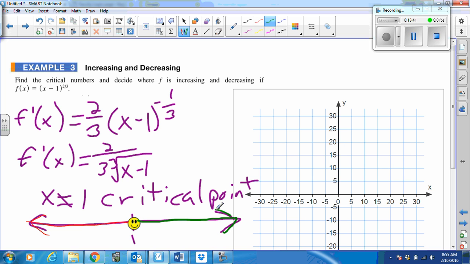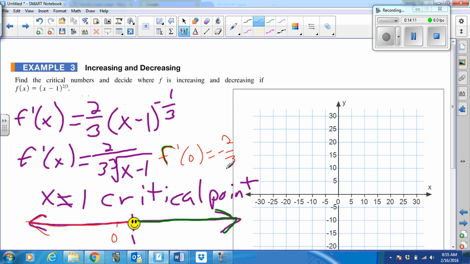And so when I plug in test points to the derivative, let's just do 0. So let's find, for the red piece, let's do f prime of 0, because we can pick any number that's in that interval. And all we're testing is to see if that derivative is positive or negative. So f prime of 0 is going to be negative 2/3.